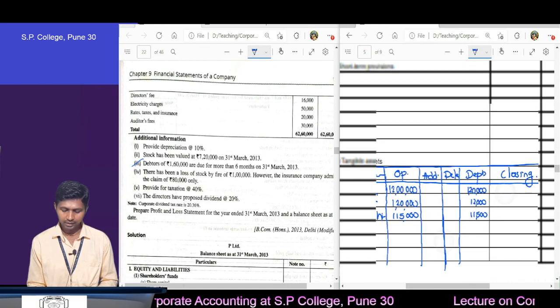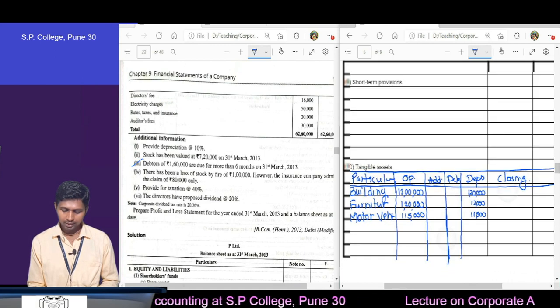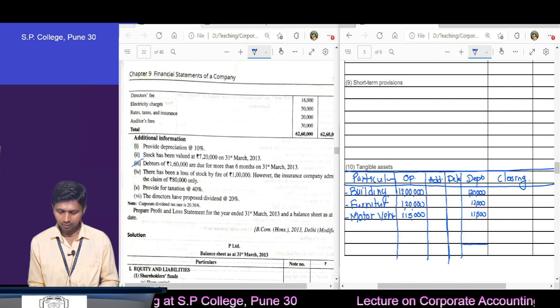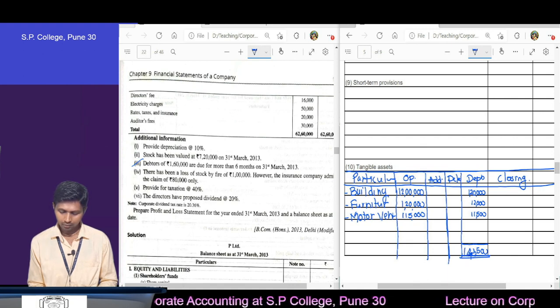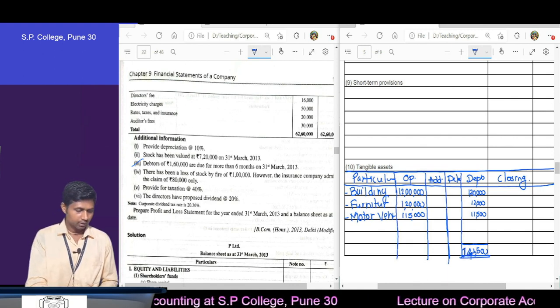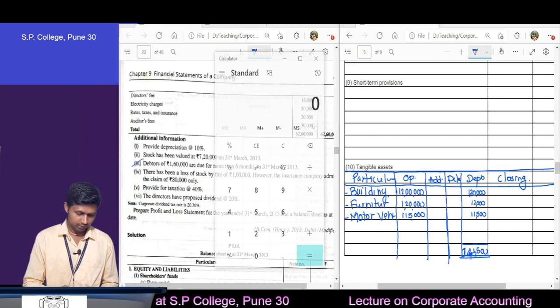Okay, after calculating 10% depreciation, take the total of the depreciation column: 1,20,000 plus 12,000 plus 11,500, that is 1,43,500. If you have a calculator, use that.